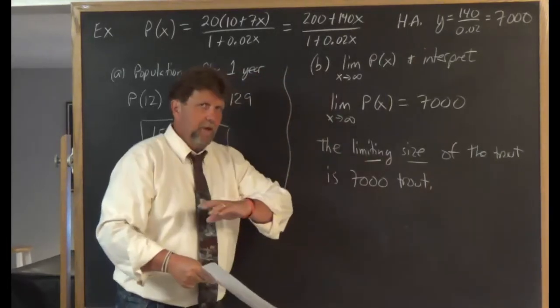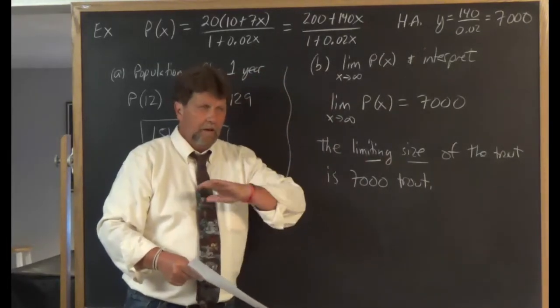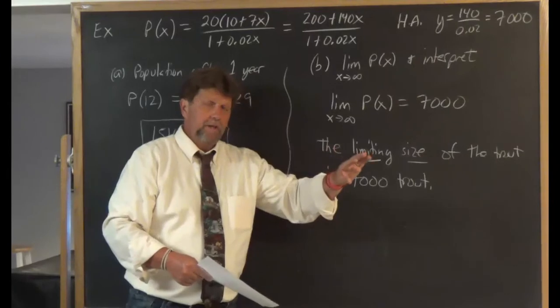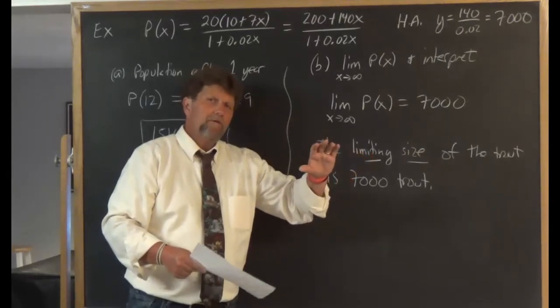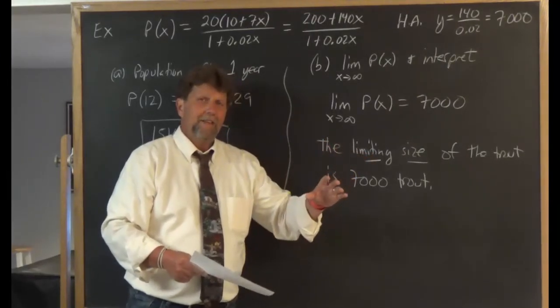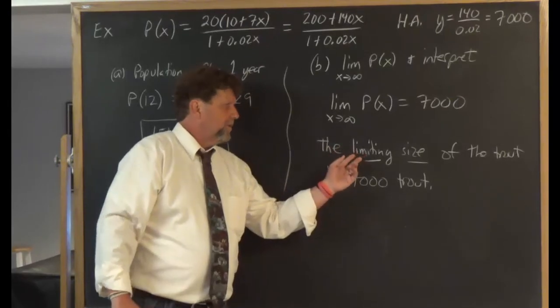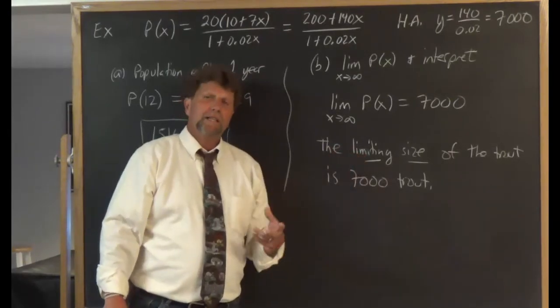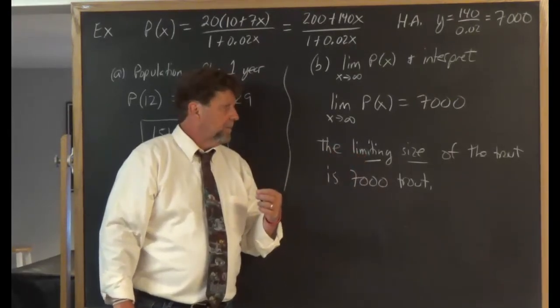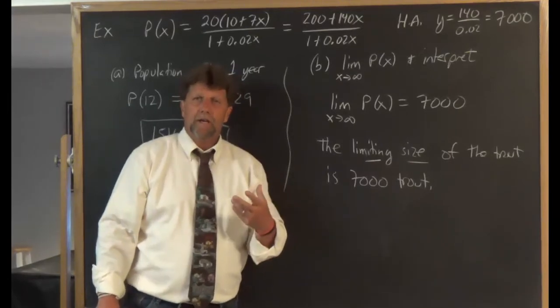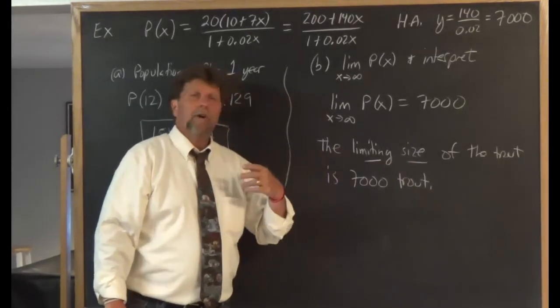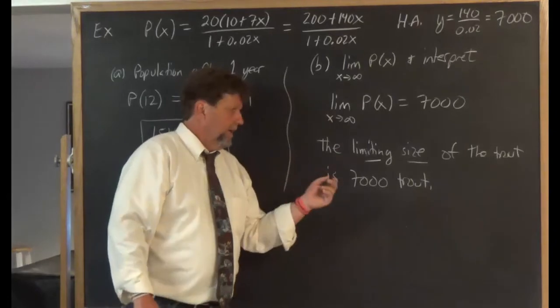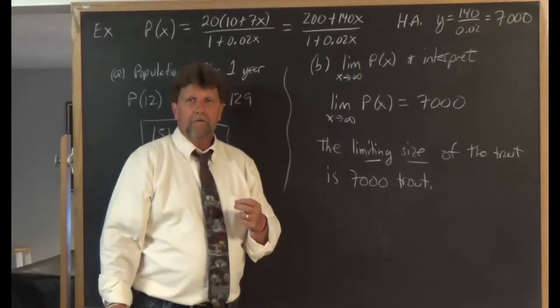So that means as time goes on, as you go as far into the future as you want, the number of trout in this lake will not go beyond 7,000. So some biologists do call it the limiting size. Some call it the carrying capacity. And they would say the carrying capacity of the trout is 7,000 trout.